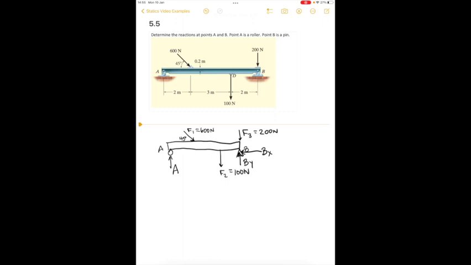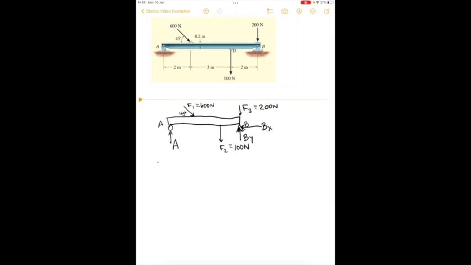At this point, we'll start solving using our 3 possible equations. So I'm going to use that the sum of the forces in the x direction are equal to 0, the sum of the forces in the y direction are 0, and the sum of the moments about a point, and I'm going to choose point B, is equal to 0.